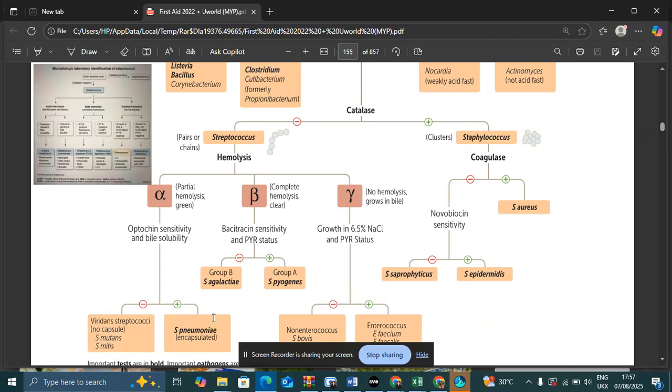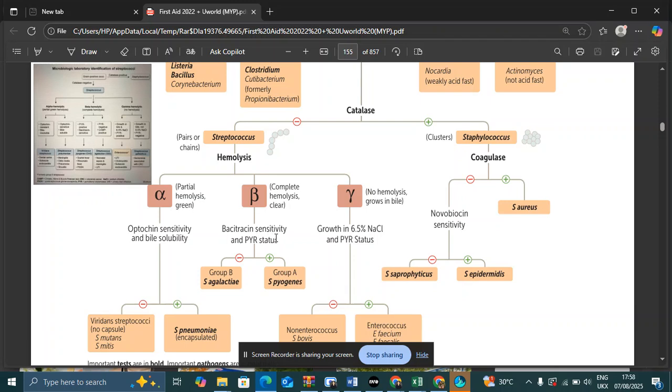Okay, so now beta hemolytic bacteria, which is very important, which is related to our today's topic, rheumatic fever. Beta hemolytic bacteria are those bacteria which undergo complete hemolysis. What are the examples of beta hemolytic bacteria? Here they have given two examples. There are two more examples that come under the category of beta hemolysis. Beta hemolytic bacteria are further divided on the basis of bacitracin sensitivity and PYR status.